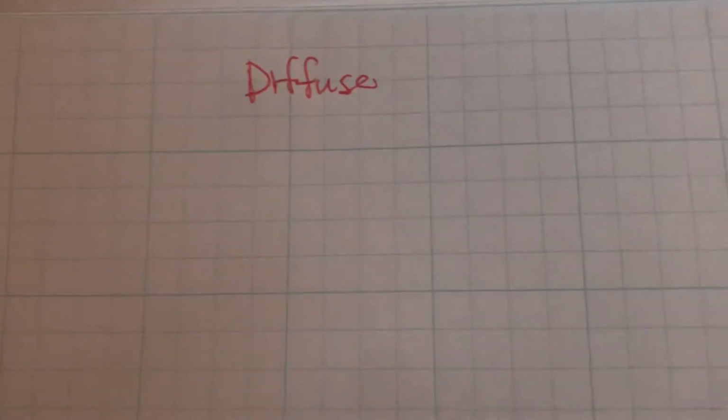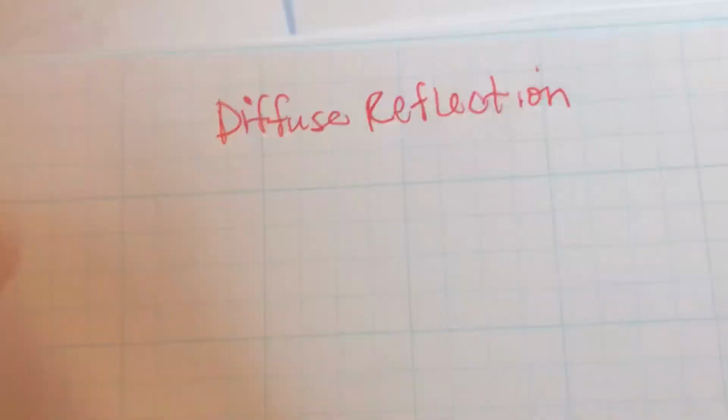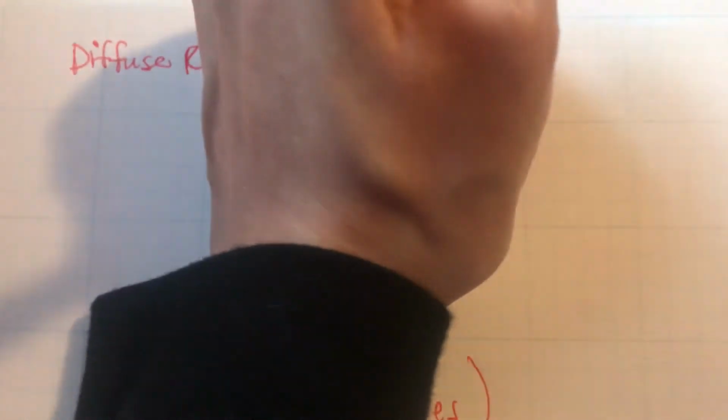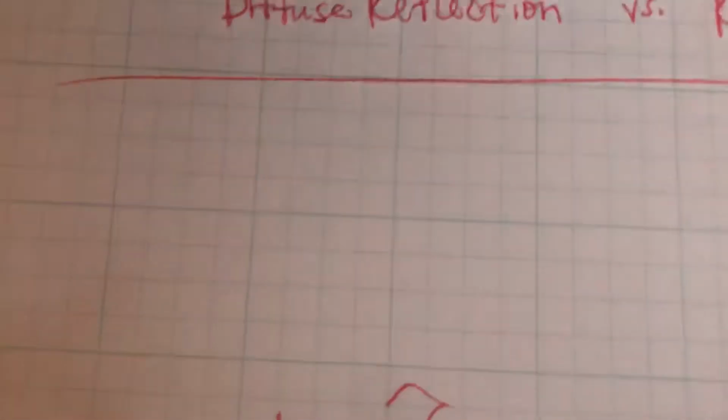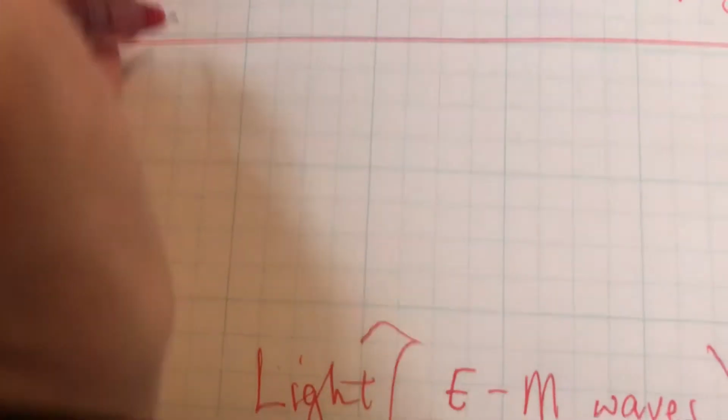There is a reason why you cannot look at yourself in a piece of paper, even though you can clearly see the paper, which means we know that light is actually bouncing off of it. So there is diffuse reflection versus regular reflection. When you look into a piece of paper, diffuse reflection is happening.